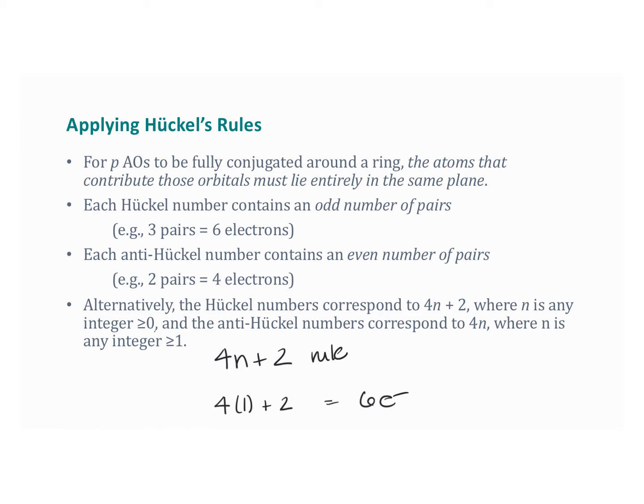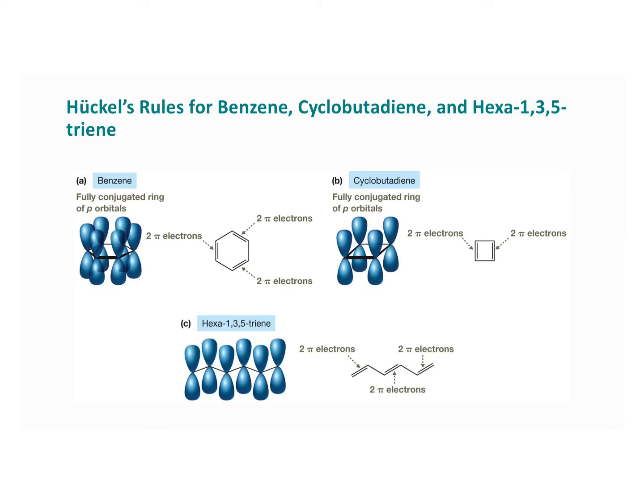Now, Huckel's rule applies to benzene, cyclobutadiene, and hexa-1,3,5-triene. Both benzene and cyclobutadiene have a fully conjugated ring of p orbitals. You can see those here, because every carbon lies in the same plane and contributes a p orbital. So we're planar.